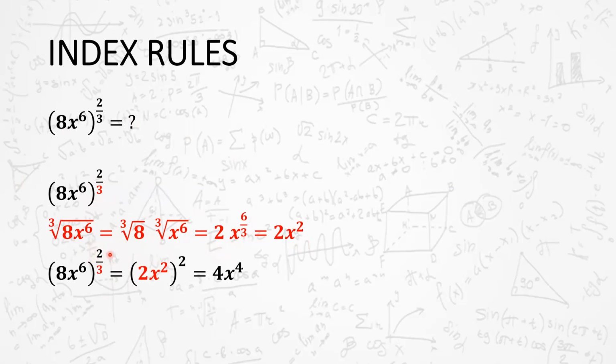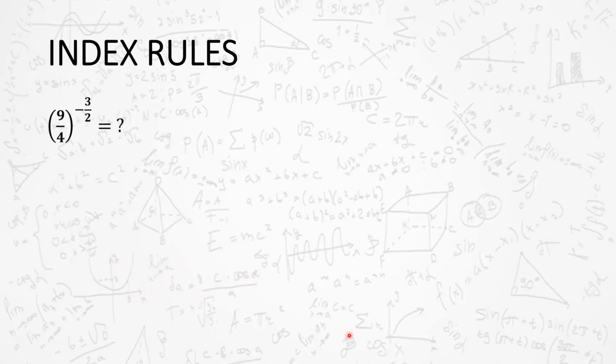That indicates the power. So my answer from the line above, 2x to the power 2, needs to be squared. Again, when you square a bracket, every single term in the brackets needs to be squared. 2 squared gives us 4, x squared, then squared gives us x to the power 4, coming from 2 times 2.